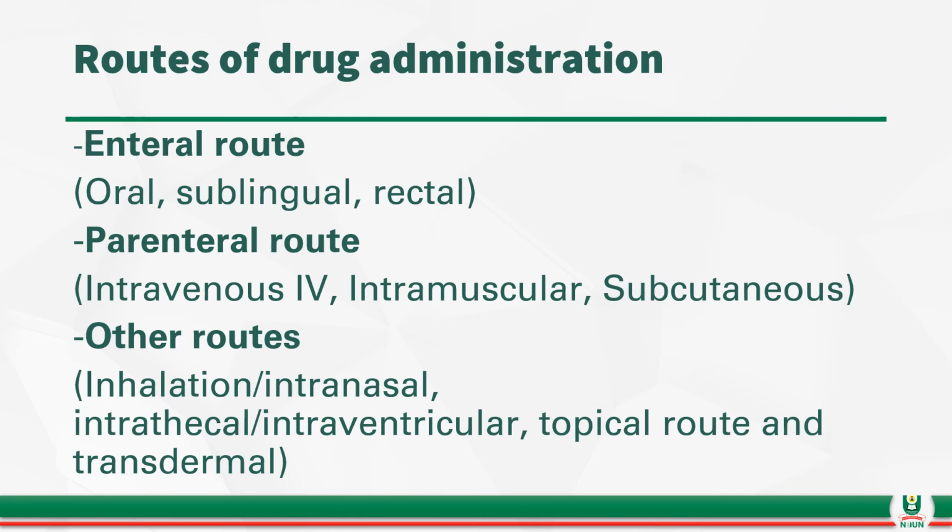Some medications like salbutamol are inhaled, and some other medications are put into the nose intranasally. Then some medications are given intrathecally or intraventricularly, like injections into the cerebrospinal fluid, CSF. Such injections are intraventricular or intrathecal injections.